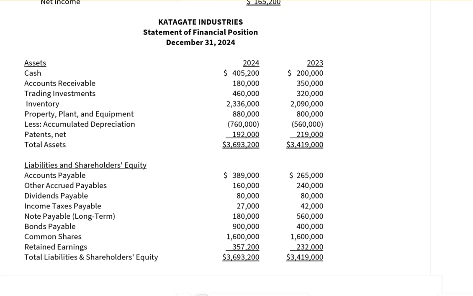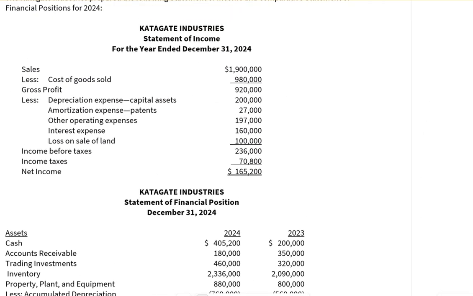What you need to do in a cash flow statement: first you need a statement of income, and you need a 2 years statement of financial position. We call it a comparative financial position.